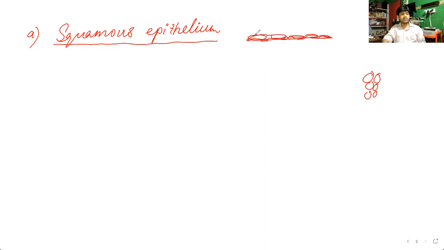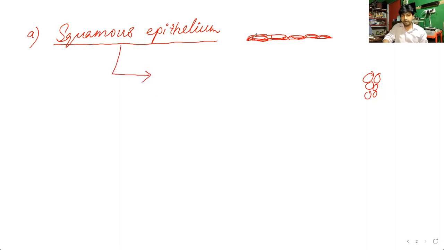This squamous epithelium we get mostly in our skin or in the inner surface of the buccal cavity. Buccal cavity means our mouth. So on the inner side of the buccal cavity, we get this type of epithelial tissue, the squamous epithelium. Another type of squamous epithelium is also there.